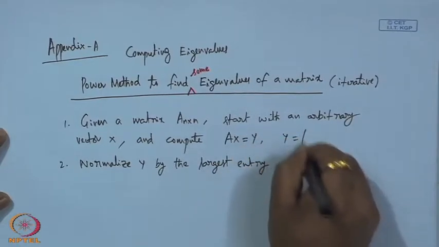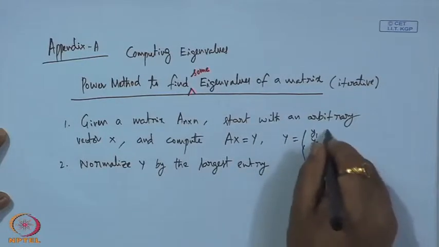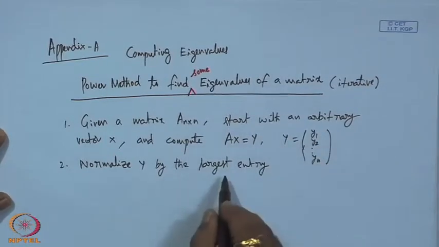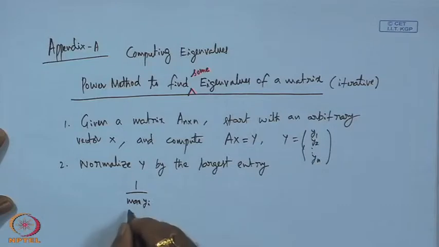Say here y is y 1, y 2, ..., y n. Then you have to normalize by the largest entry, that means 1 over max of y i.